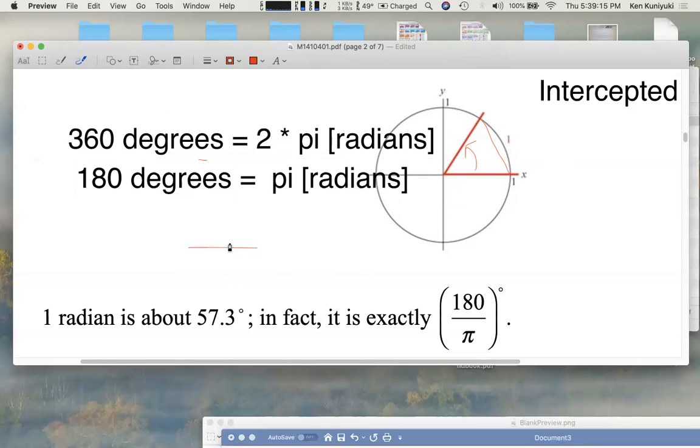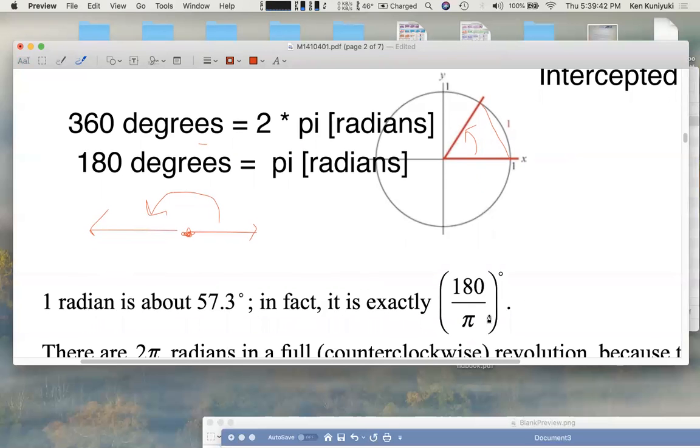Imagine this initial side, here's the initial point over here. Half a revolution. It's a politician doing a flip-flop. You're going in the opposite direction now. That's 180 degrees. 180 degrees equals pi radians.